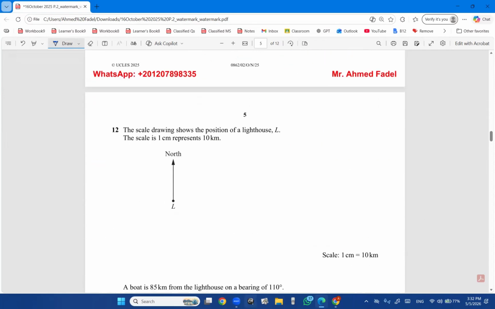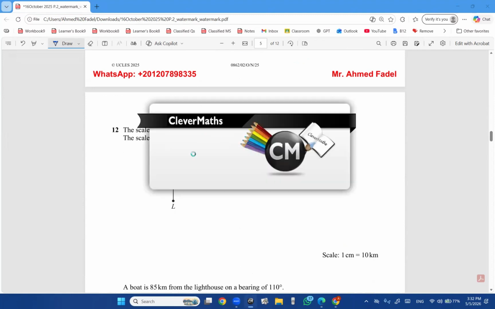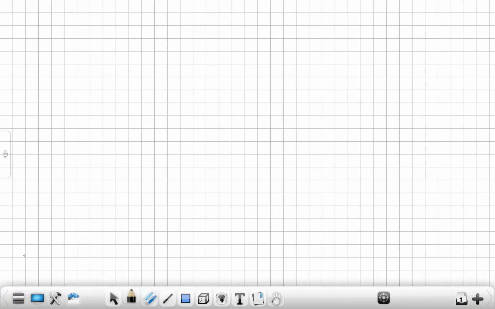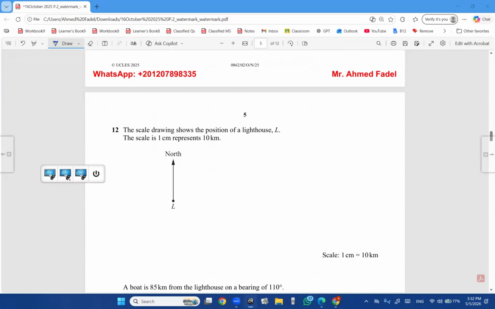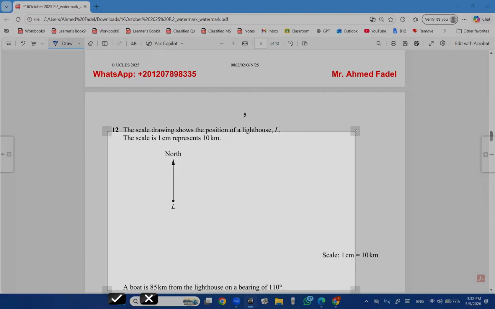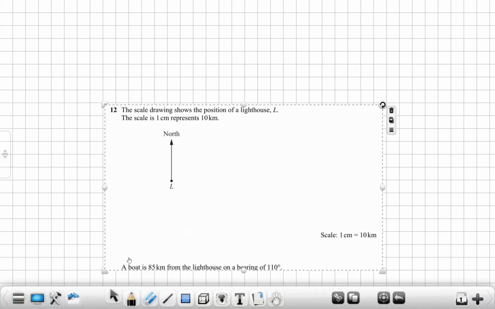Here we need to use the bearing. The scale drawing shows the position. Let me just open the application first. Here you go. All right.